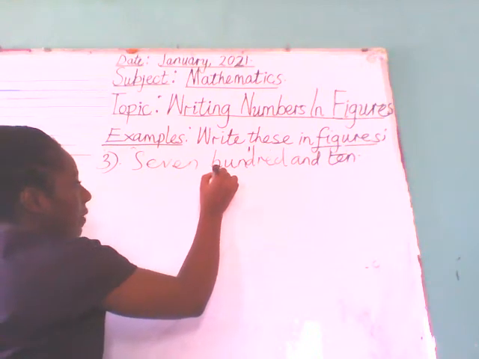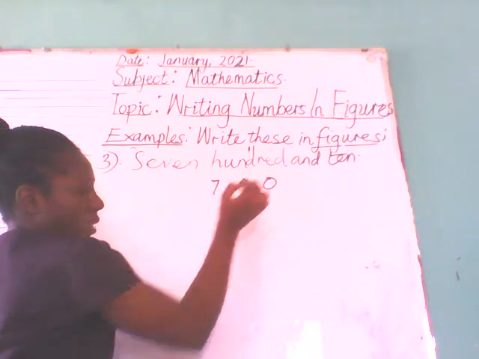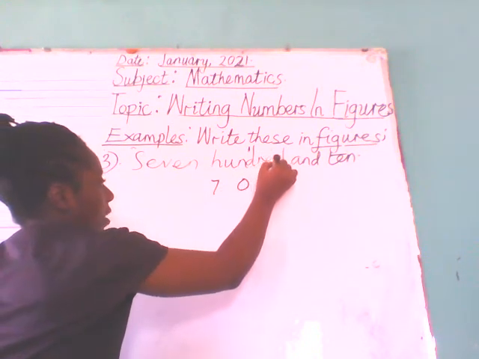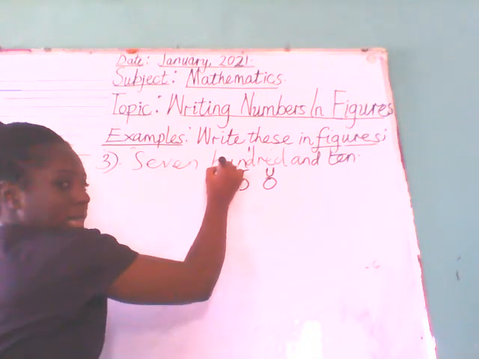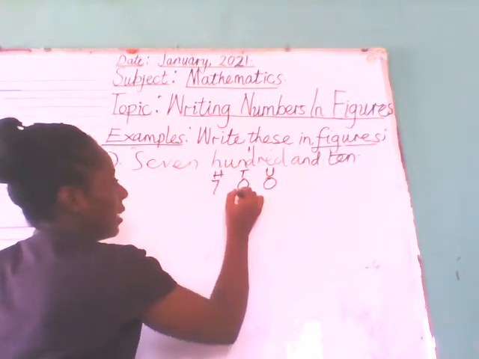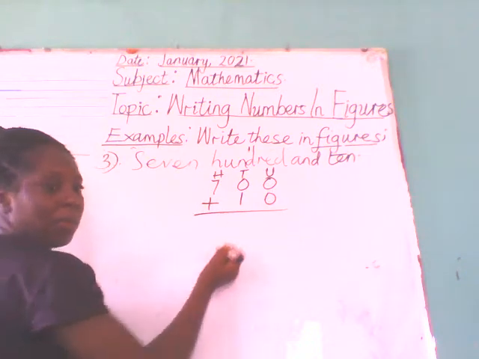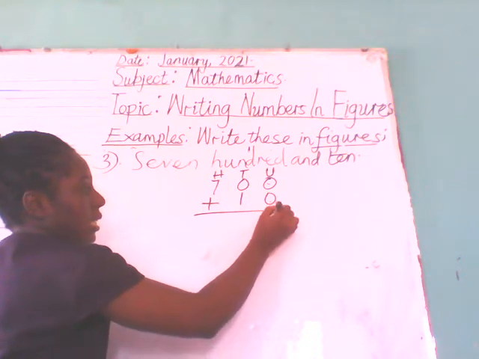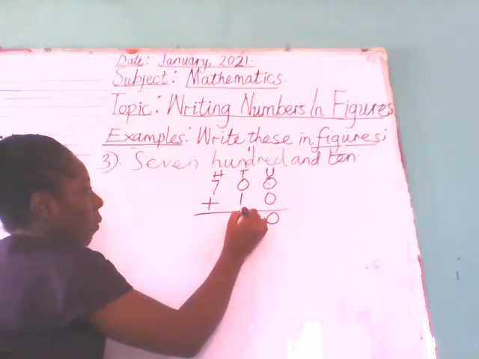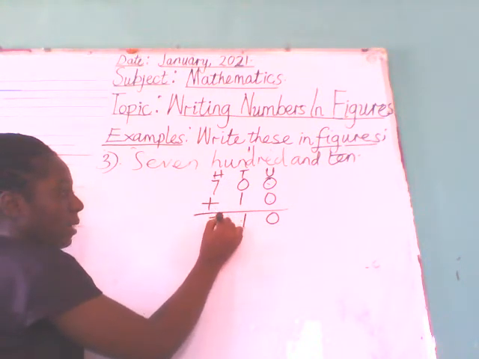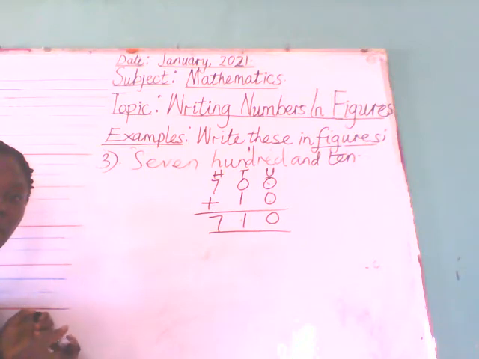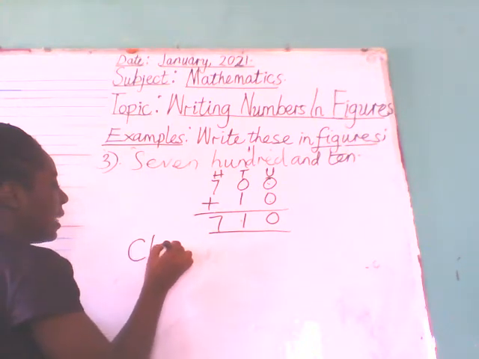How do I write my 700? 7 with 2 zeros is 700. I have my units, tens and hundreds. Then 10, I start under the tens. Can I add up now? 0 plus 0 is 0. 0 plus 1 is 1. 7 plus nothing, I bring down my 7. This is how to write my 710.